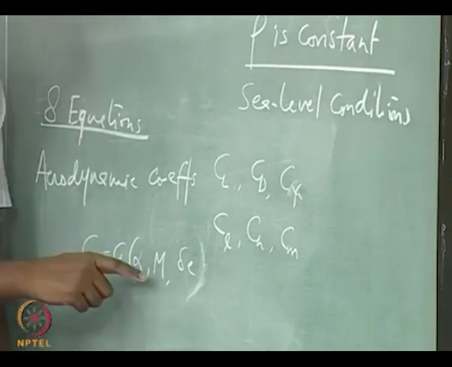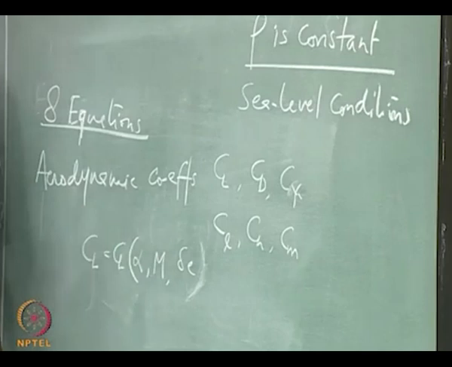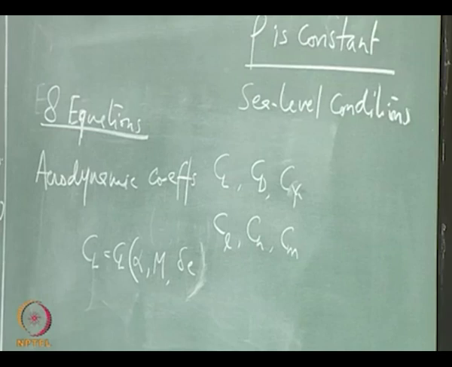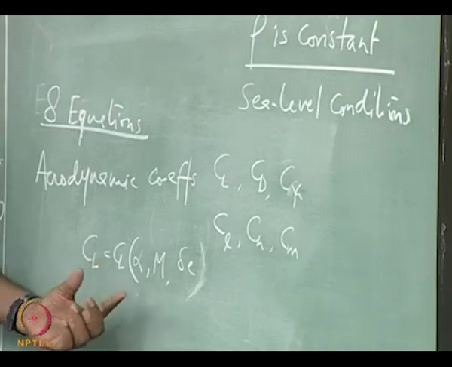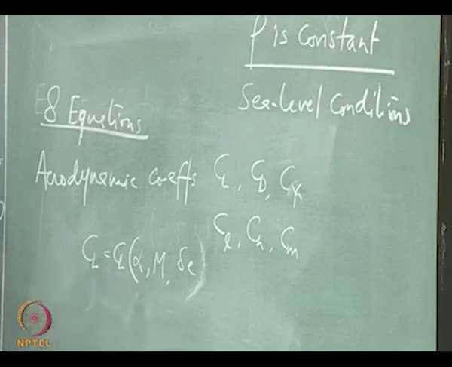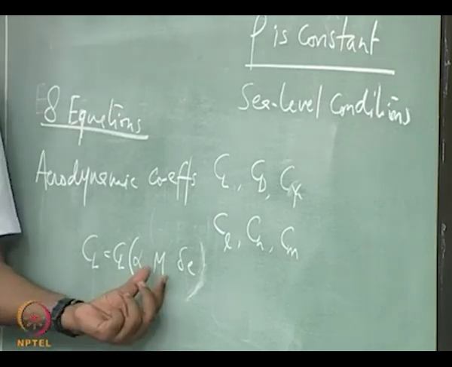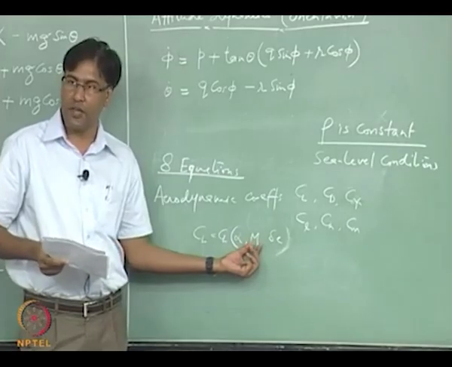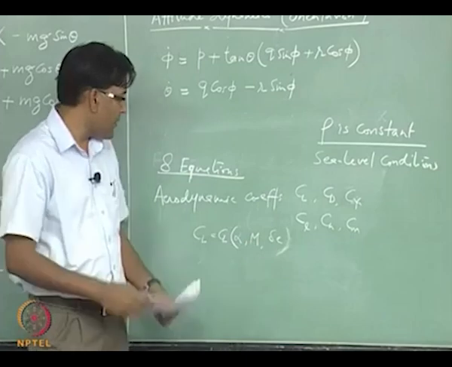Similarly, CL is also going to vary with the Mach number, and it's going to be non-linear around what region? When you are approaching the transonic speeds, or the supersonic speeds, this CL is also going to be a non-linear function of the Mach number, right.